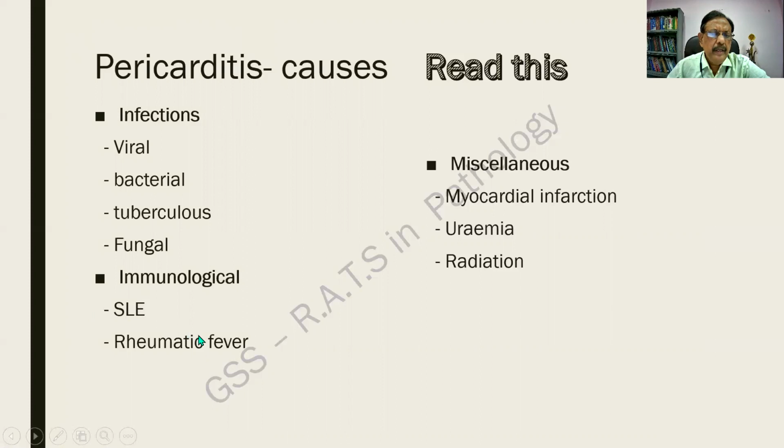SLE and rheumatic fever, two conditions which are very important. Miscellaneous, whenever there is an infarction, uremia, we do not know for what reason, but then there is an inflammation in this. Radiation, whenever the patient undergoes radiotherapy, there is a chance of pericarditis. So three types: infectious, immunological, and miscellaneous. These are the causes for pericarditis.